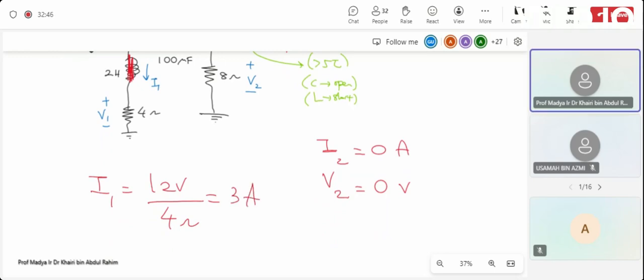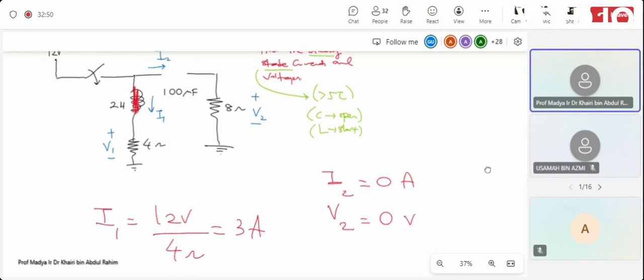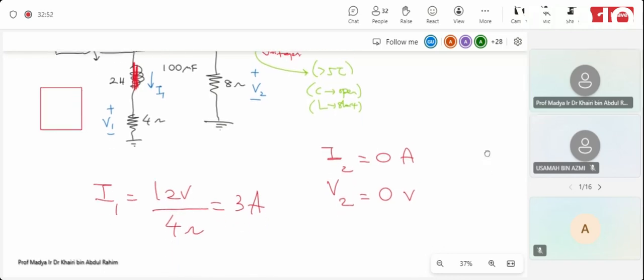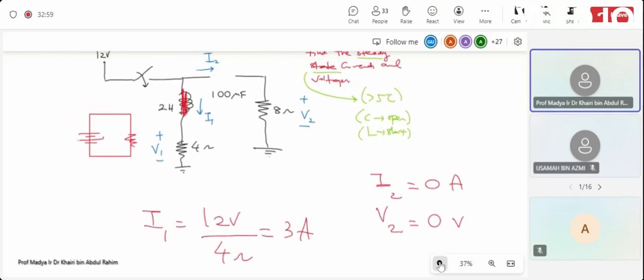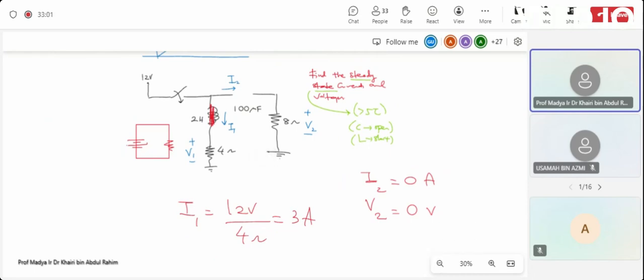This is just a simple series circuit here with 12 volts and 4 ohms. Okay, so your I1 is here. So I1 is just 12 volts divided by 4 ohms equals 3 amps.